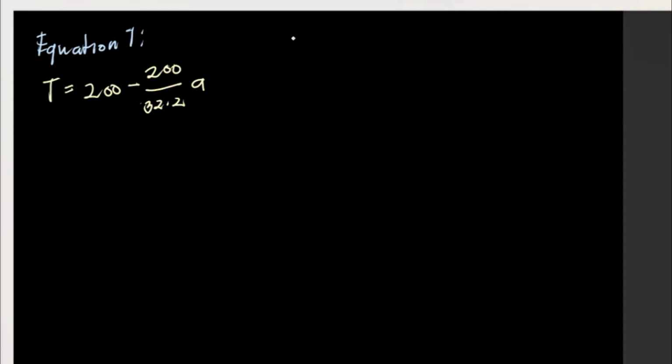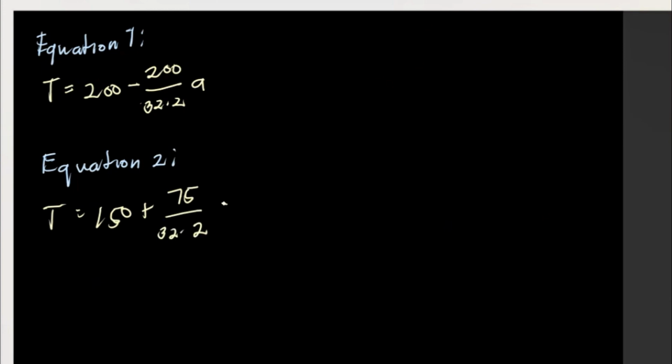For equation number 1, using the block A, ang nakuha natin dito ay T is equal to 200 minus 200 over 32.2 A. In our equation 2, using block B na, we have this equation that T is equal to 150 plus 75 over 32.2 A. Okay.